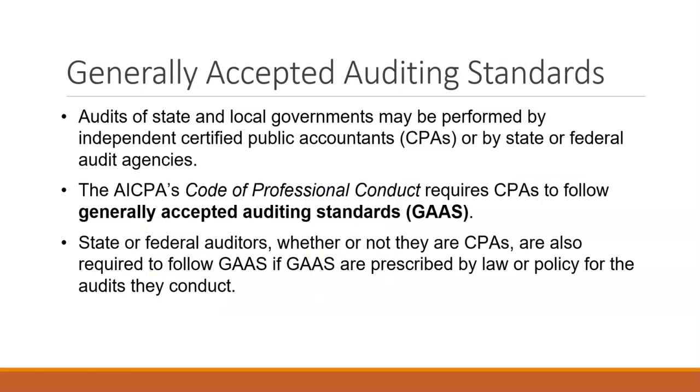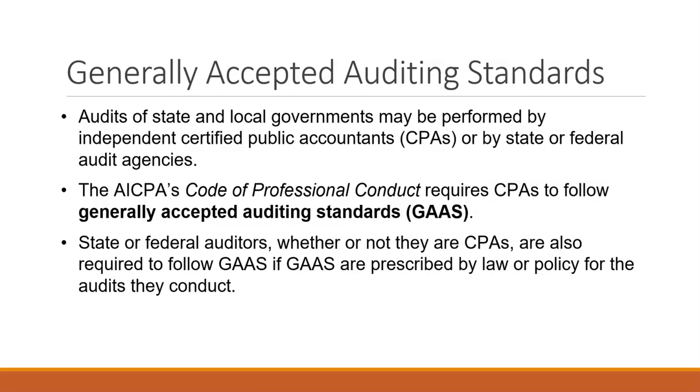So the Generally Accepted Auditing Standards, or GAAS, state that, much like for-profit entities, audits must be performed by independent public accountants, or they can choose to use the state or federal audit agencies.